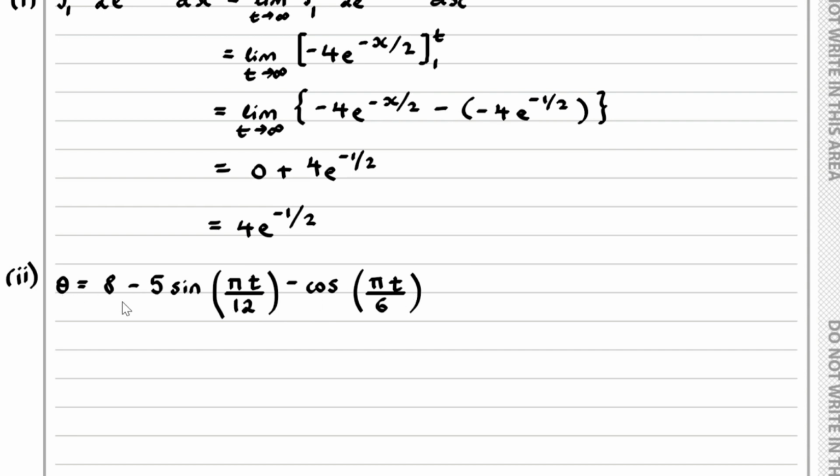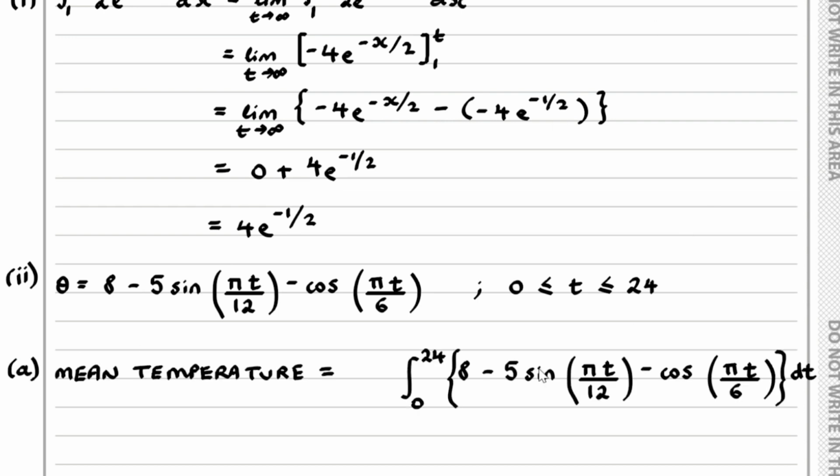So we have our equation for theta, and bear in mind, rather t is in between 0 and 24. So for part A, we have the integral of theta between 0 and 24.